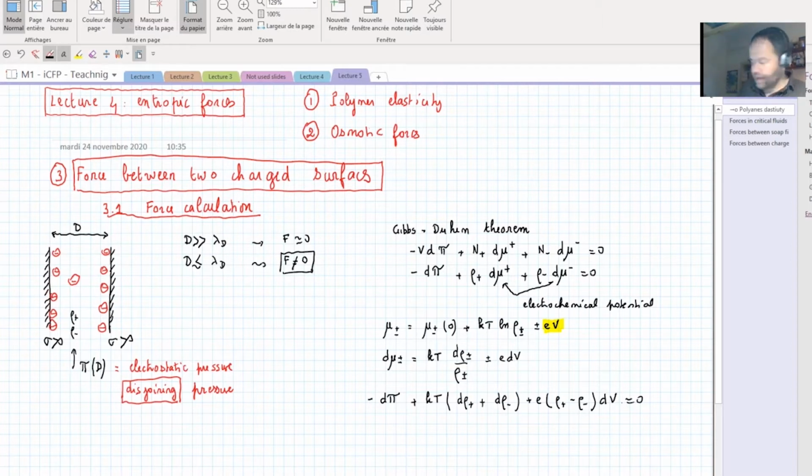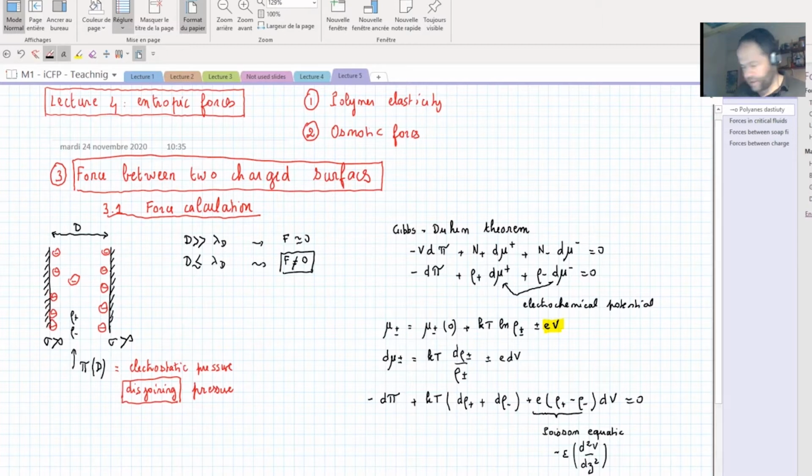Okay, and this you can eliminate using the Poisson equation, because this comes from the Poisson equation. So this term is simply minus epsilon d2V over dz square, like that.